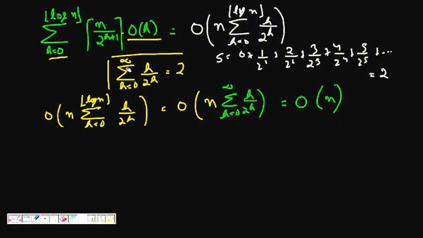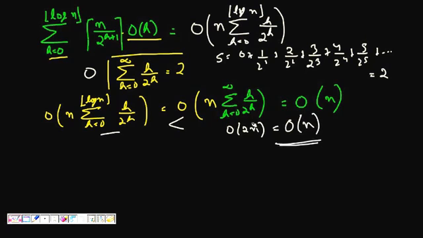Now, we had the bound only till log n, but we can take it till infinity. So O of n times the sum over h from 0 to log n of h by 2 to the power of h is at most the sum till infinity, since this is less than that, and this is 2, so it will be O of 2n, which is equal to O of n.